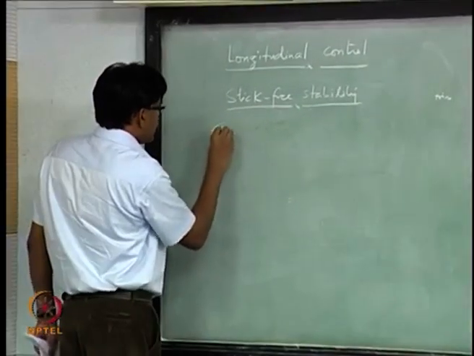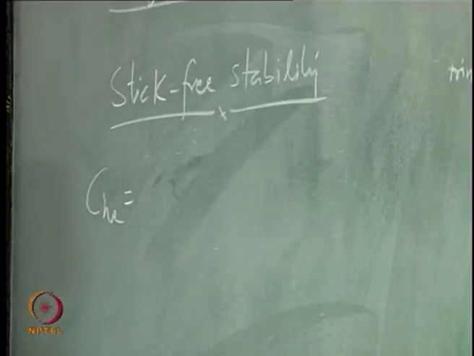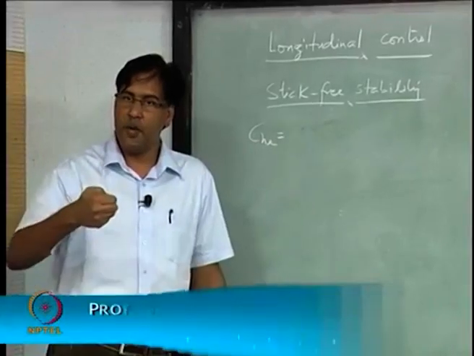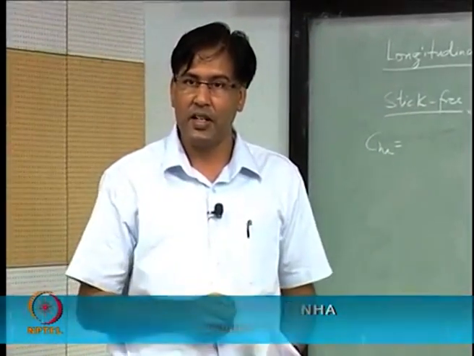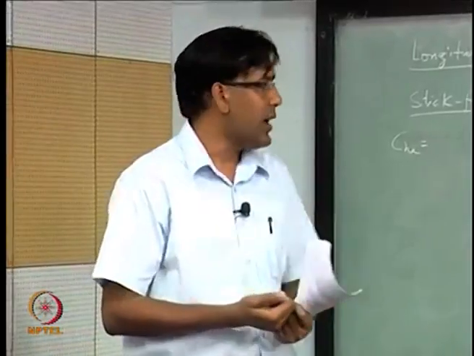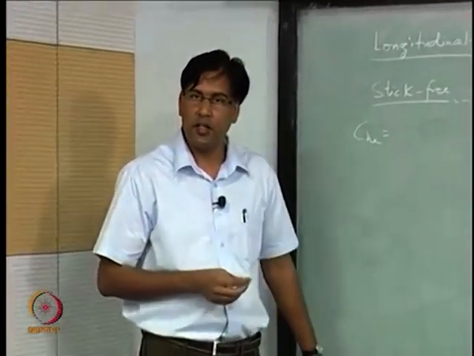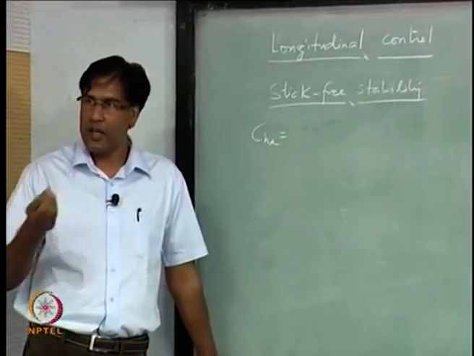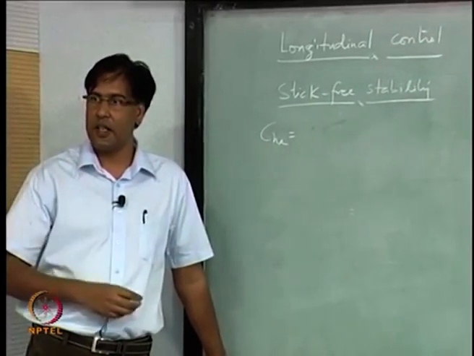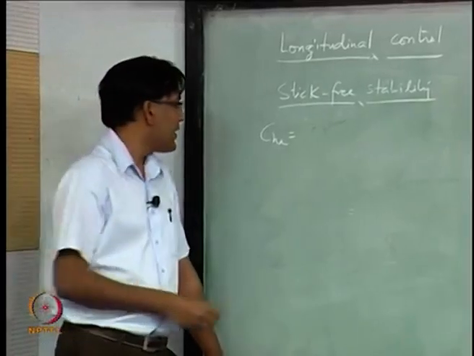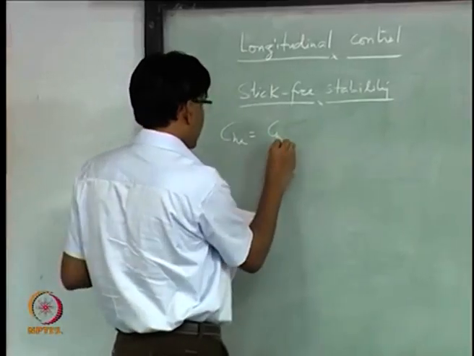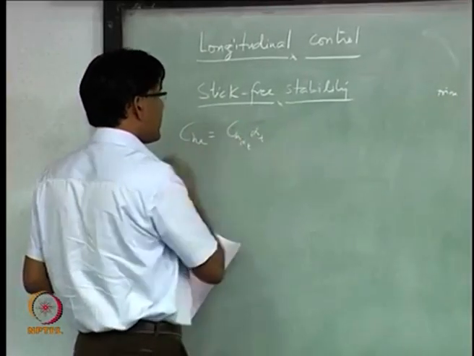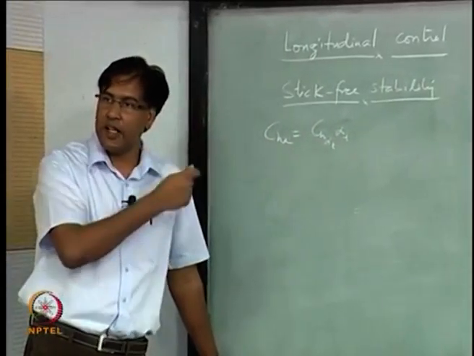So, this hinge moment coefficient is going to depend on, hinge moment is the aerodynamic moment that is coming over to this small flap, right, that has to be overcome, right. What is it going to depend upon? Angle of deflection, angle of attack, right. So, C_H alpha_t, angle of attack at the tail, right.